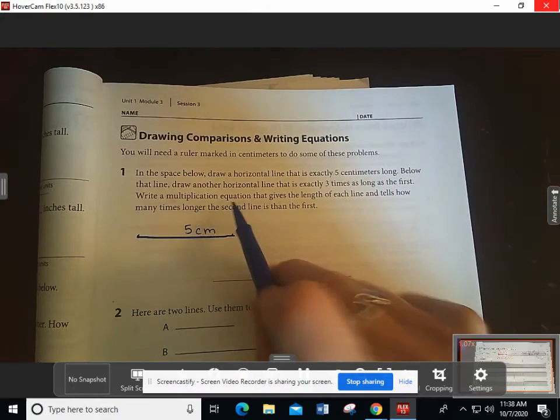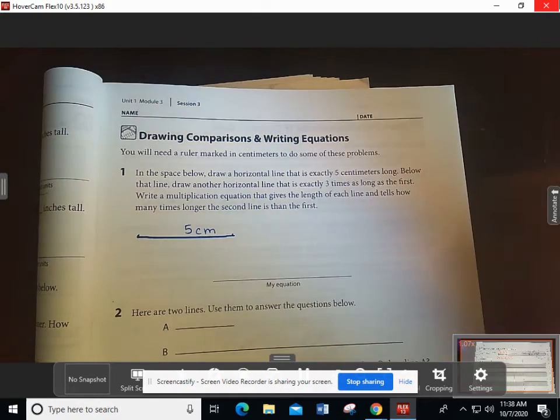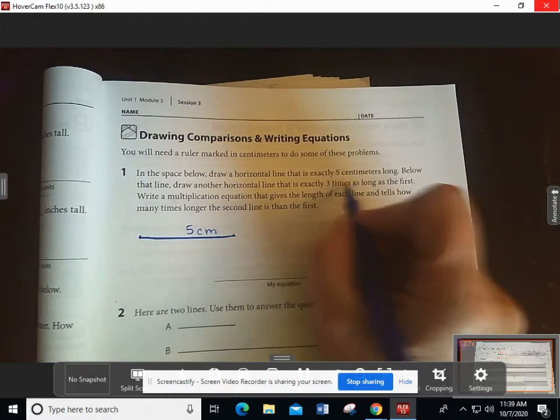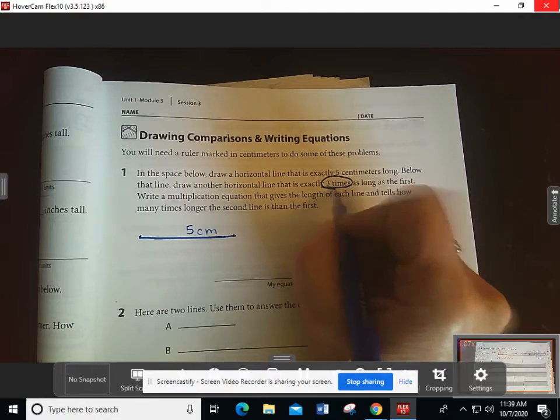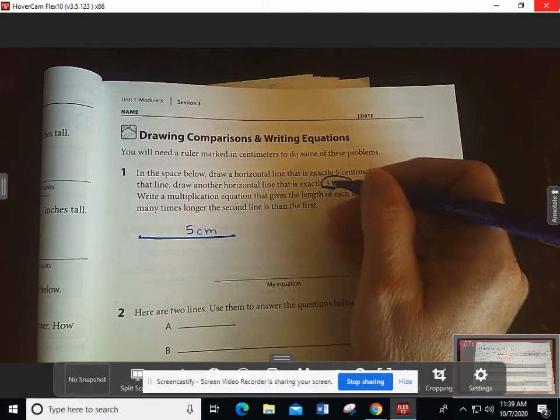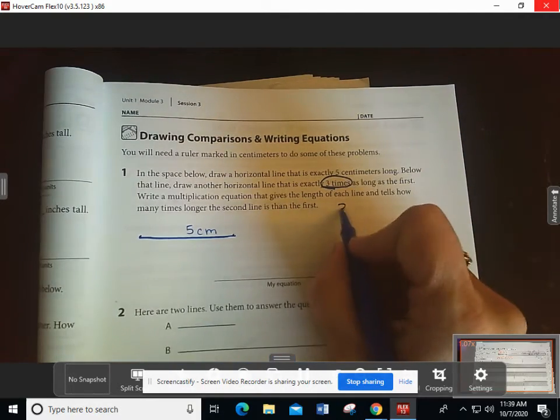Below that line, I'm supposed to draw another horizontal line that is exactly 3 times as long as the first. Now remember, I'm not saying 3 centimeters more than the first. I'm saying 3 times as long as the first. See this part right here, 3 times. It doesn't say plus 3, it says 3 times.